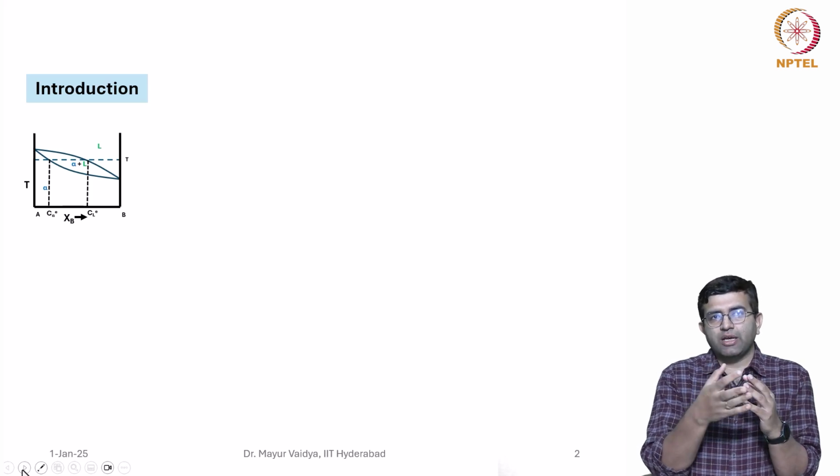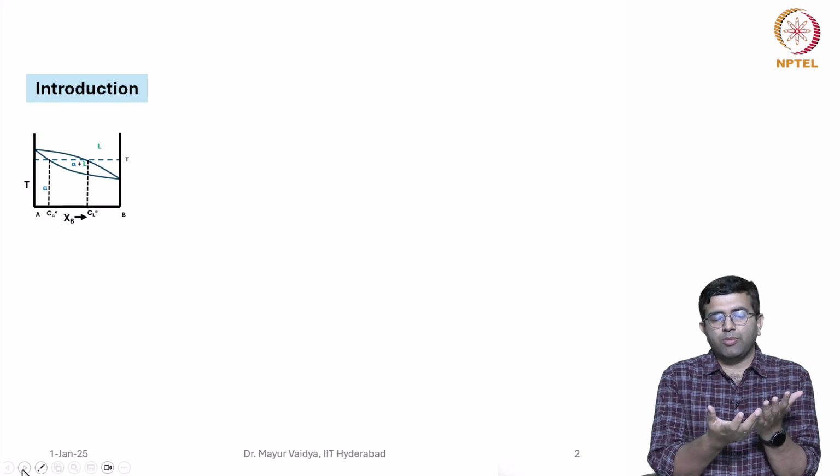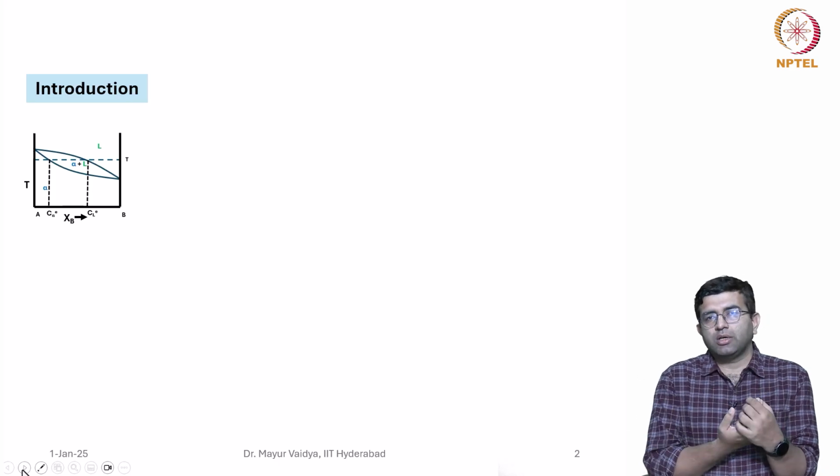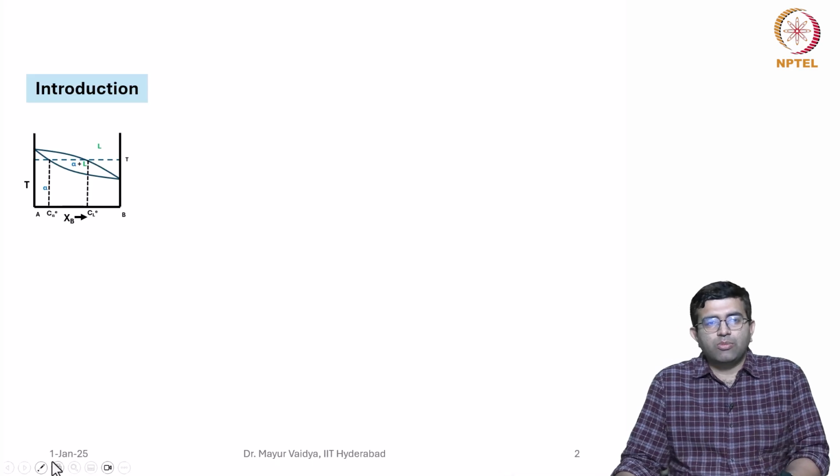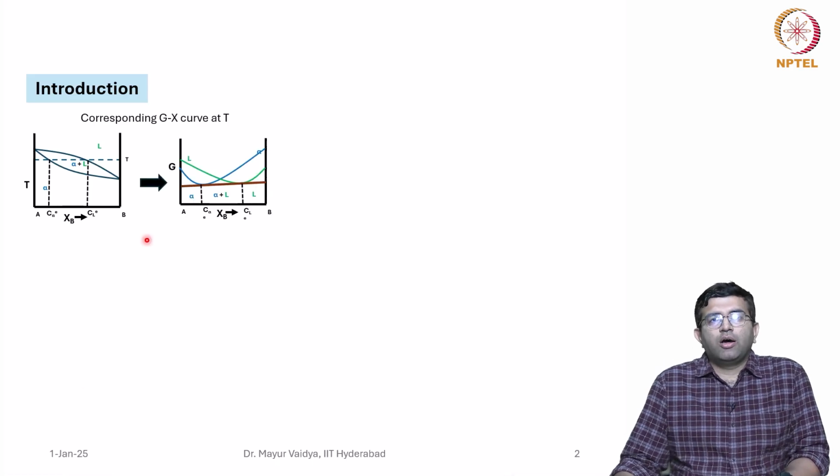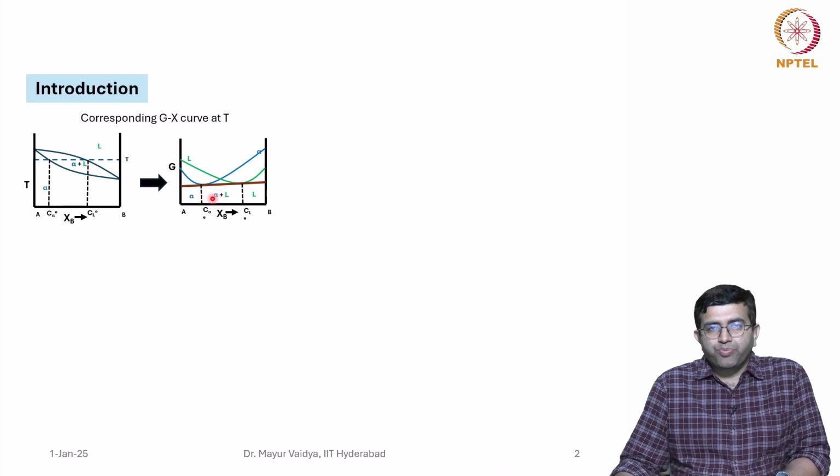Remember that phase diagrams are equilibrium plots, so as free energy versus x, there is a one-to-one correlation between them. So, at this temperature, if I want to draw a free energy curve, it would look something like this, where you have alpha, you have L, and you have a region alpha plus L. Every point on the G versus X has a corresponding point on the phase diagram, and vice versa.